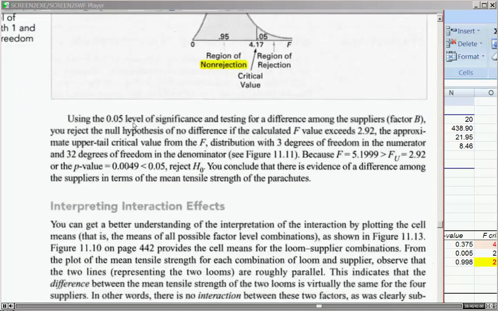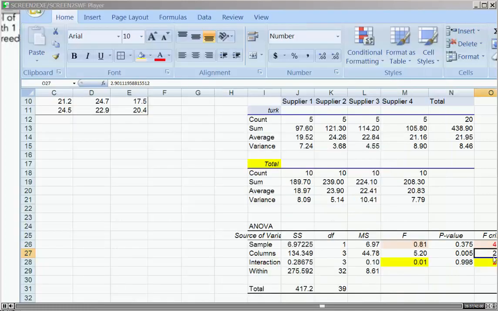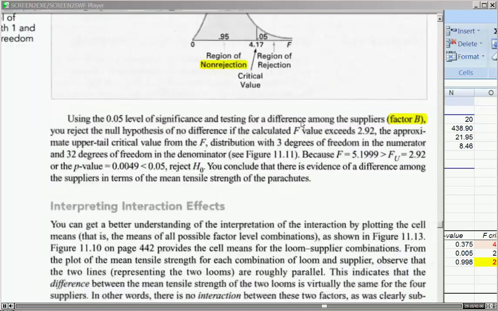Using the 5% level of significance and testing for a difference among the suppliers, that's factor B, you reject the null hypothesis of no difference if the calculated F value exceeds 2.92. Well, we only have 2.90 here. There are some small discrepancies between the Excel calculated two-way ANOVA summary tables and what they calculated by hand.